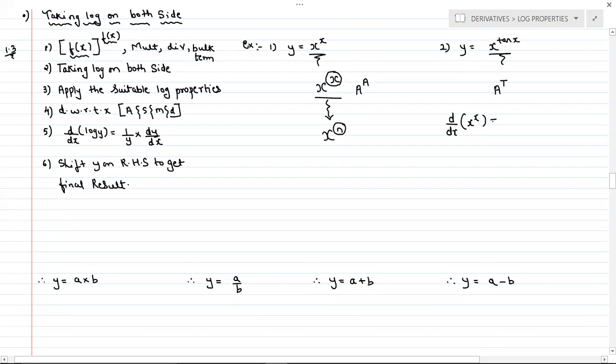We don't have any formula like derivative of x raised to tan x, yes or no? And don't say that, sir, this looks like x raised to n, so we can apply the x raised to n formula. No, here n is a constant, and here in place of n it is not a constant, it is a function.